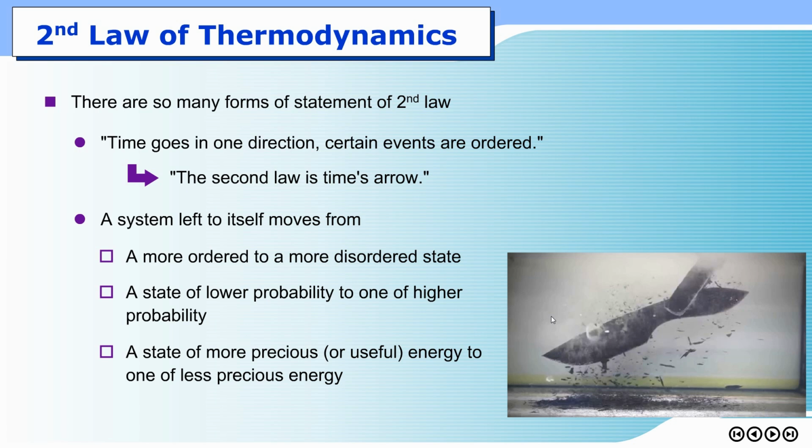The rising of temperature occurs spontaneously, but we cannot try to condense energy in our atmosphere to use that energy to heat some things up, because now the energy is already dissipated. It is in the less precious state of energy, okay?